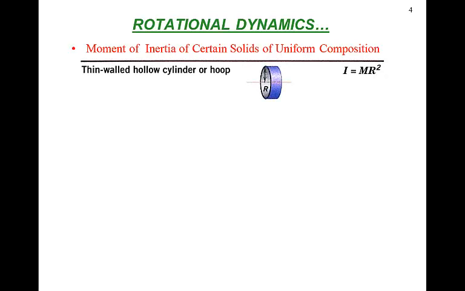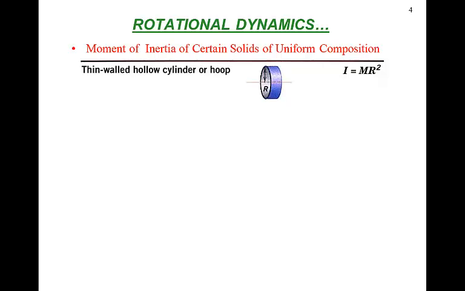Using some calculus, and specifically the integration tool, we can derive the moment of inertia for known shapes. For a hollow cylinder or a hollow disk, the length of the cylinder does not matter. We have been able to derive the moment of inertia to equal mr squared, where r is the radius of the cylinder or the disk.